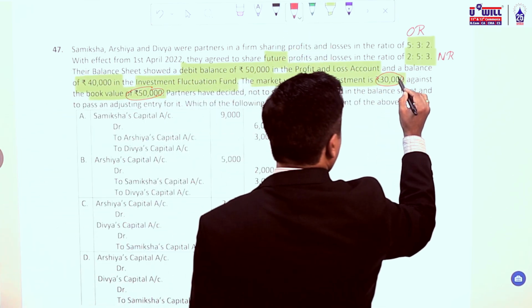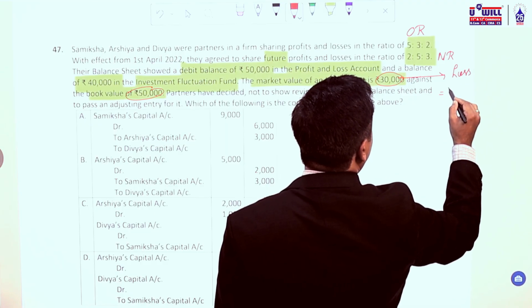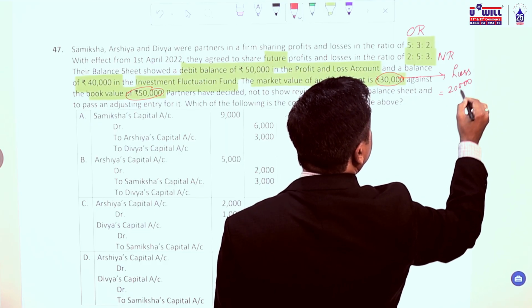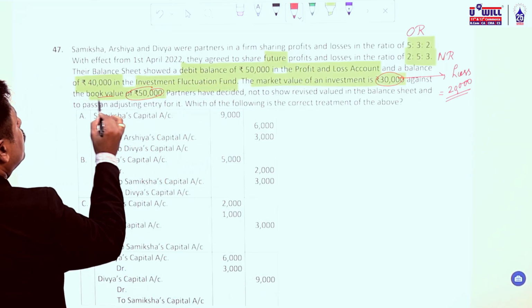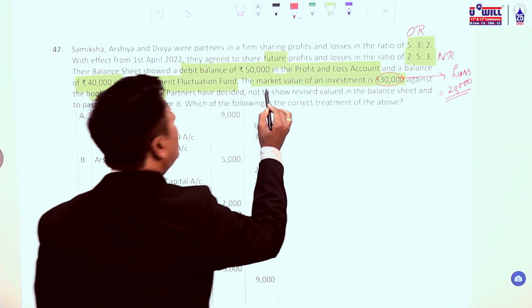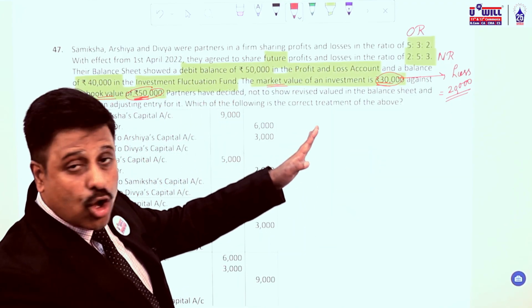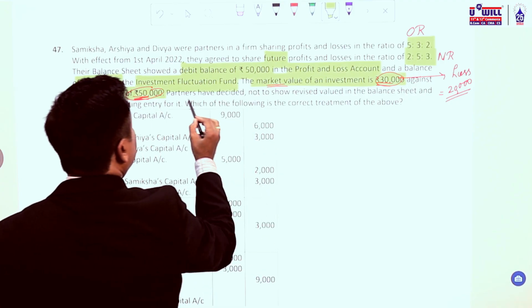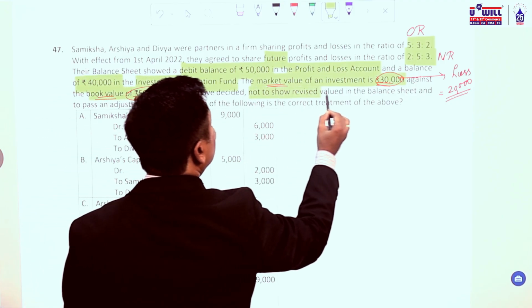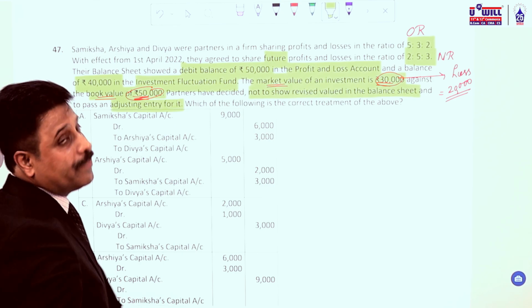Book value 50, in the market only 30. It has gone down by 20,000. That is the loss on the valuation of investments. Now, partners have decided not to show the revised value in the balance sheet and pass an adjusting entry for it.